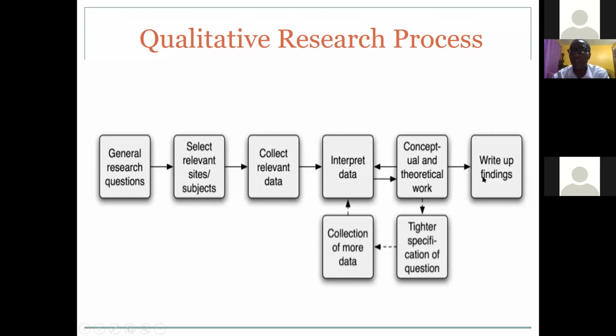So you write up the findings of your qualitative research versus you write up the results that you get from your quantitative data. People kind of use them interchangeably, but when we talk about results, we're more talking about results from quantitative research versus the findings from qualitative research.